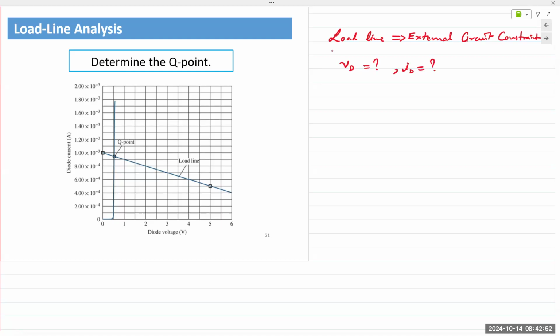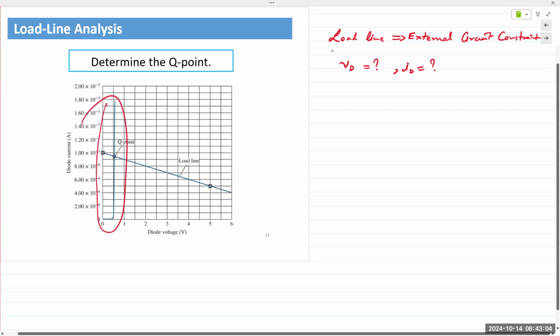Now, if you have two unknown quantities, how many equations would we need? Two equations. We have one equation, which is the diode equation, and that is already plotted right here. We need two equations.